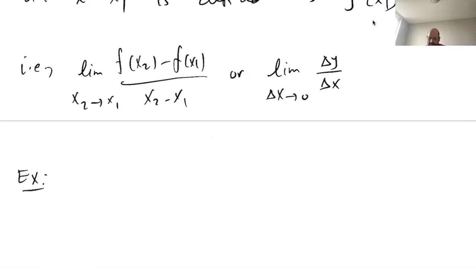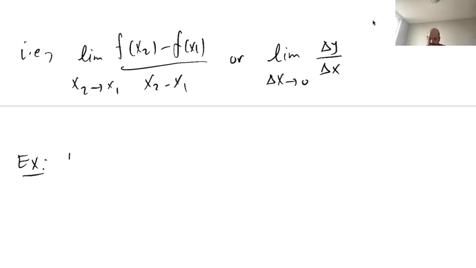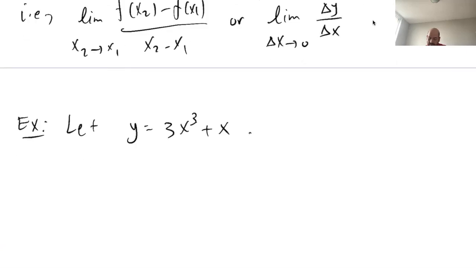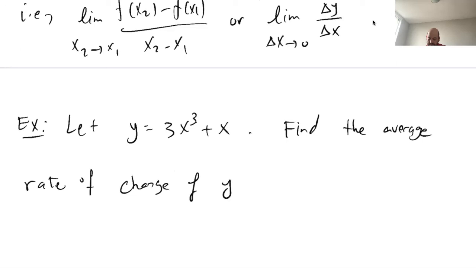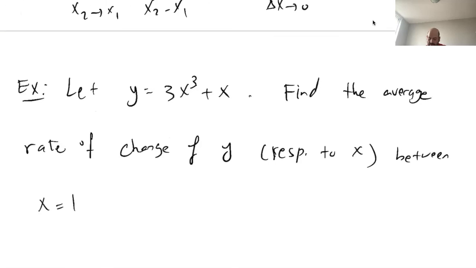So let's look at an example. Let's say y equals 3x cubed plus x. Find the average rate of change of y with respect to x between x equals 1 and x equals 4.